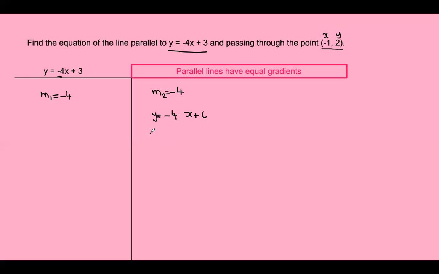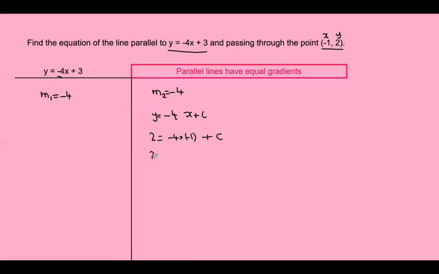So we have 2 equals minus 4x, means minus 4 times x. So it is going to be minus 4 times minus 1. I'm going to put the minus 1 in brackets. A negative number, I use brackets to keep them neatly. Plus c. C we don't know, so we are going to find out in a minute.